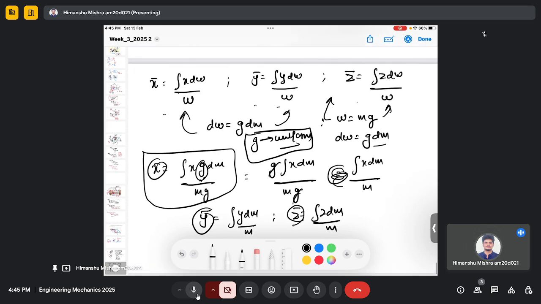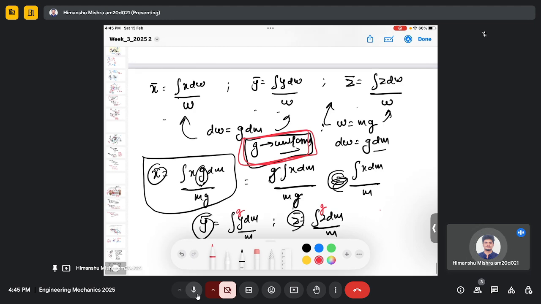So here you will have g inside the integral, and in that case your center of gravity and center of mass will be different. In our problems, we will assume that g is uniform. So we will only use the term center of mass instead of center of gravity to avoid confusion, because in that case both will be the same.